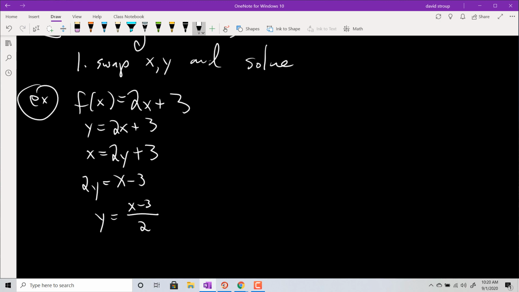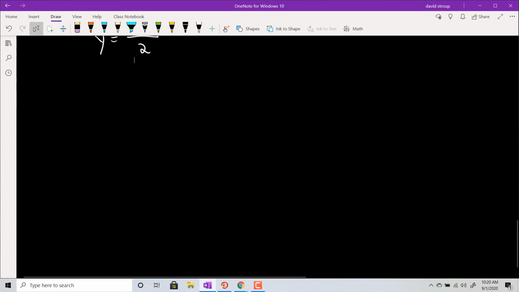And those two are inverses of each other. You should check the composition. I believe that's what they do in the book, but usually if it's easy enough, you don't have to worry too much about it. Let's look at another example. There are no square roots or anything, so you're probably okay.